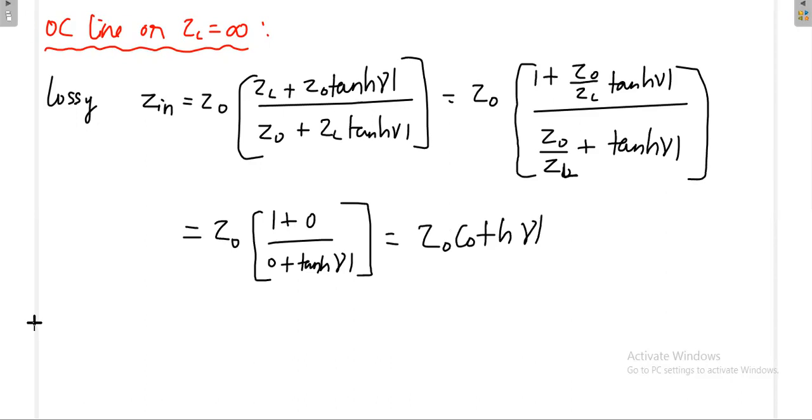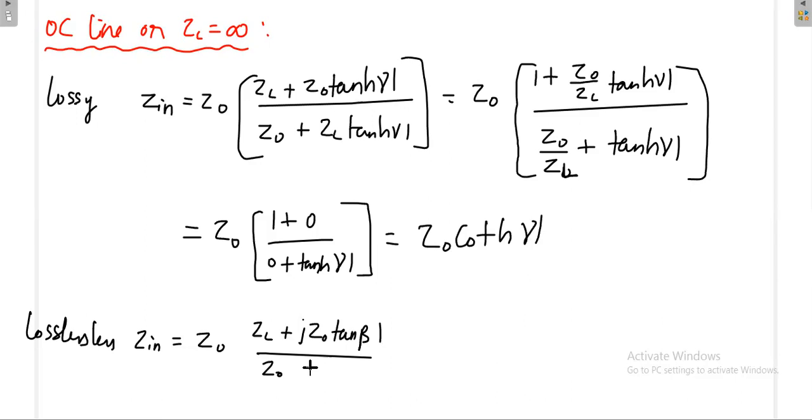Similarly, for the lossless line, the input impedance is equal to Z0 (ZL + j Z0 tan βL) divided by (Z0 + j ZL tan βL). Again, if we directly substitute infinite by infinite, that is not in proper format, so you take ZL outside from both numerator and denominator.